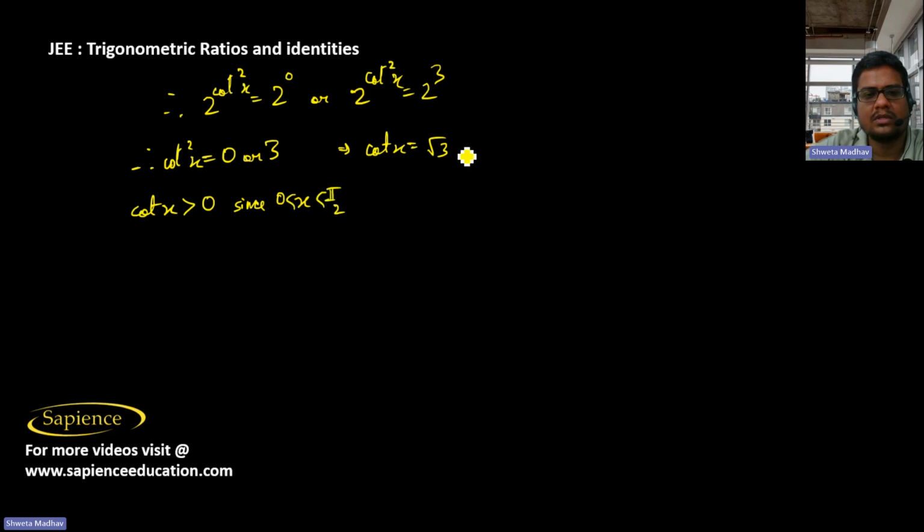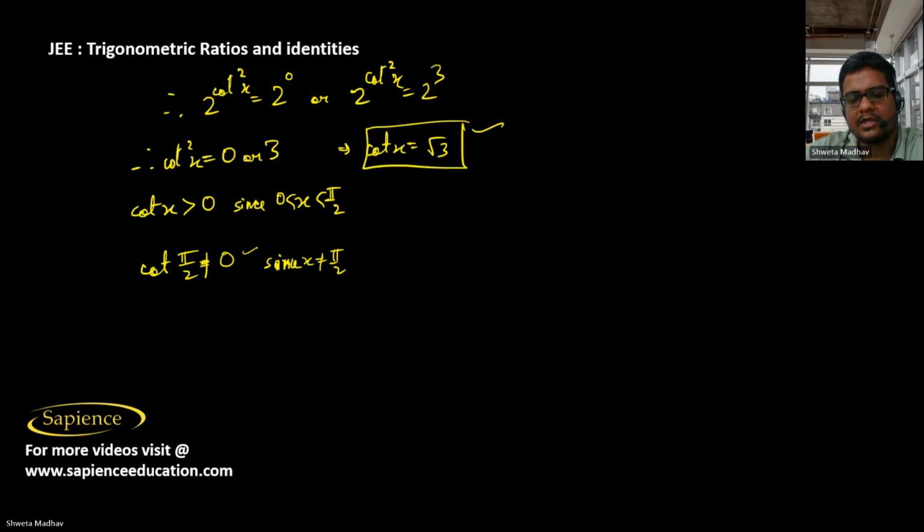So cot x will be equal to root 3, and cot x can't be 0 also, since we know that cot pi by 2 is cos pi by 2 by sin pi by 2, which is 0, so x can't be pi by 2, so cot x can't be 0. So cot x will be root 3 only. It can't be minus root 3 also.